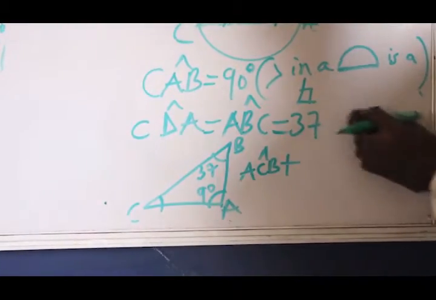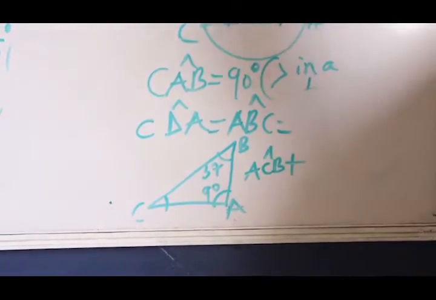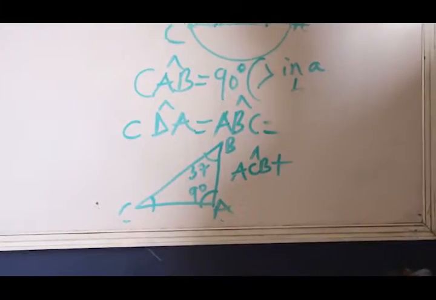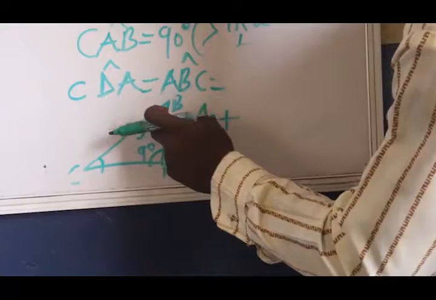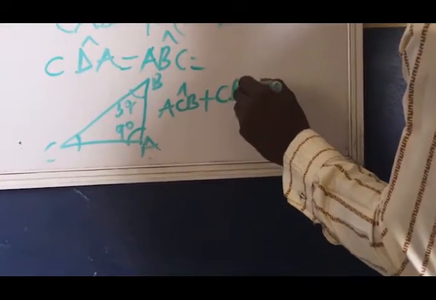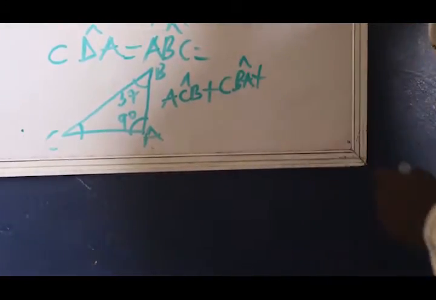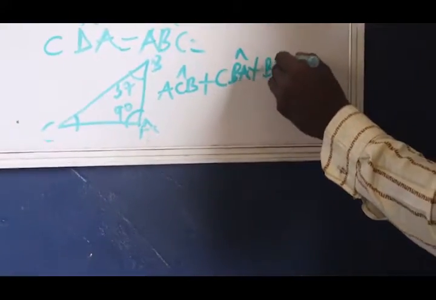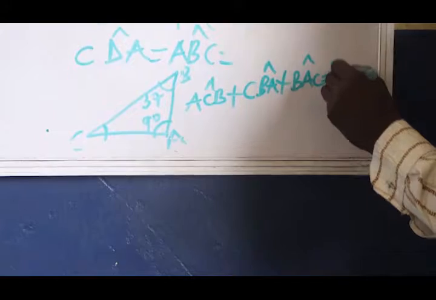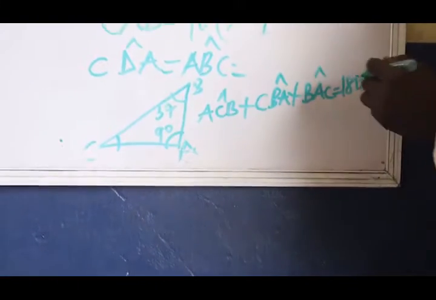So you tell them, when you add ACB to CBA, which is this 37, to BAC or CAB, you must have 180. Why must you have 180?